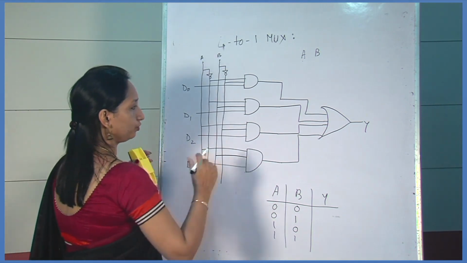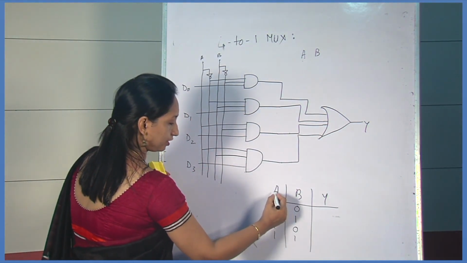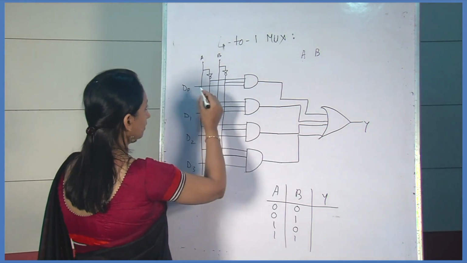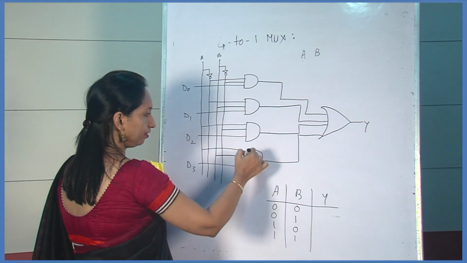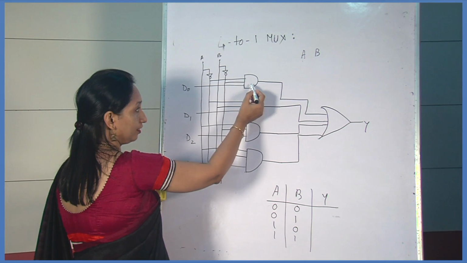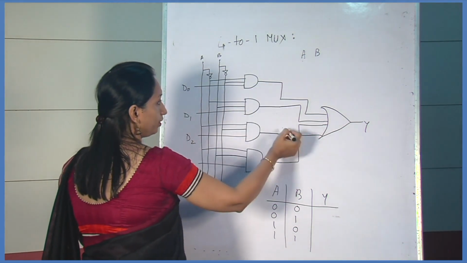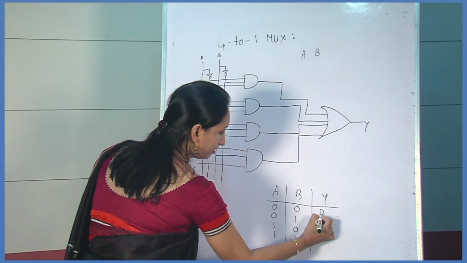And for the output, when the inputs A and B are 0, the D0 output is selected. That means the other 3 AND gates are disabled and the first AND gate is enabled. So in the output of the OR gate, it will be data D0.